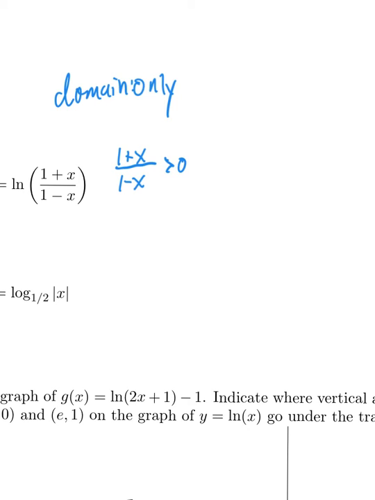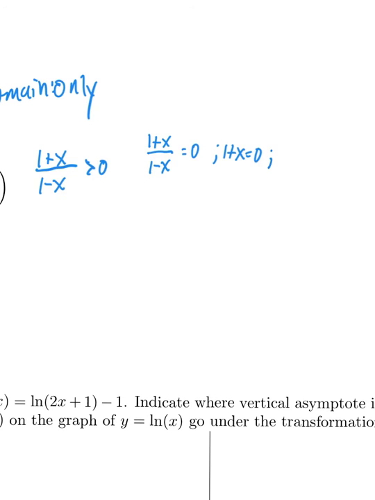The first is set equal to 0. So 1 plus x divided by 1 minus x equals 0. Multiply over the 1 minus x. Get 1 plus x equals 0. x is equal to negative 1.